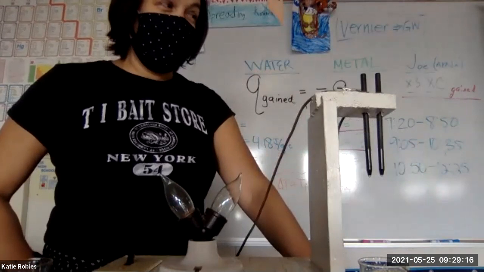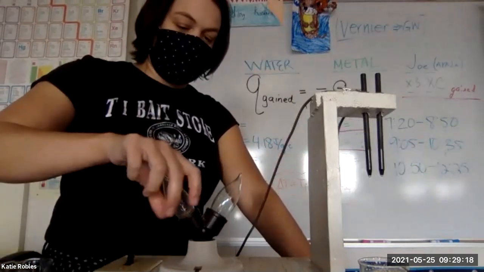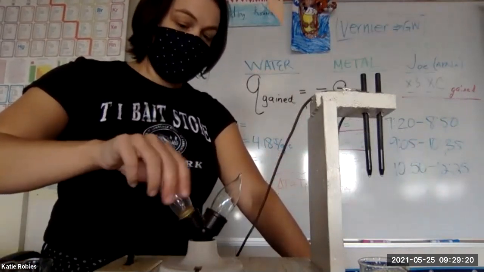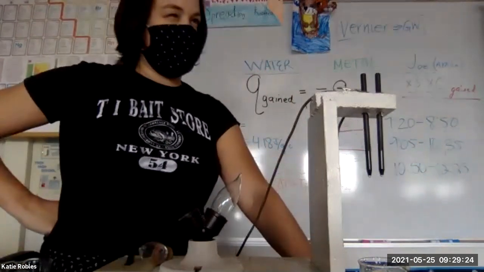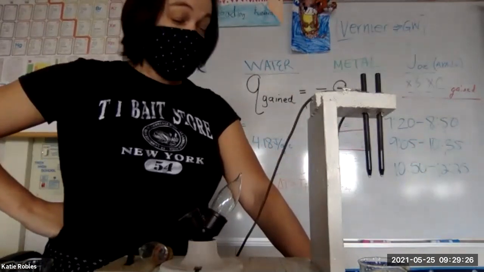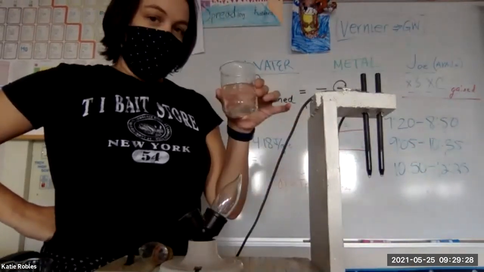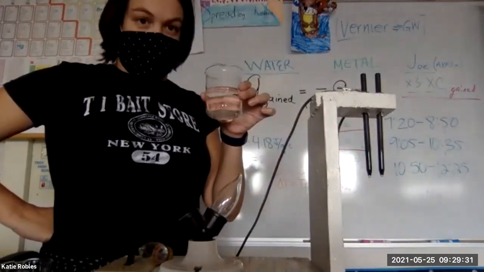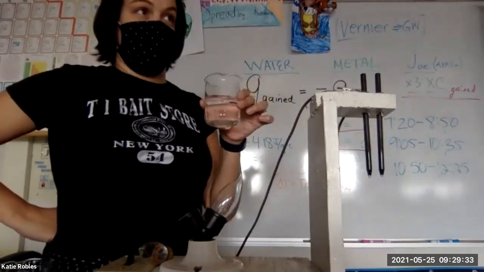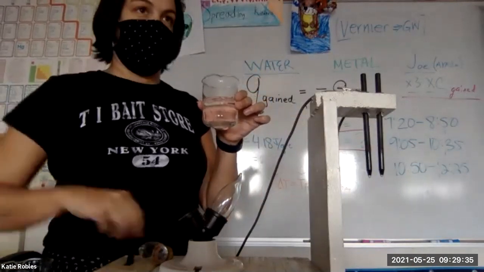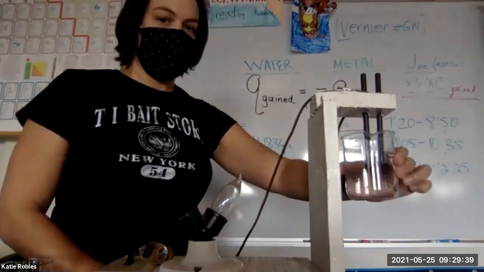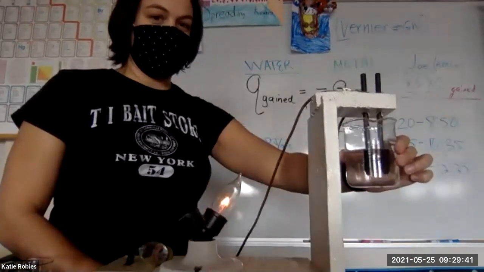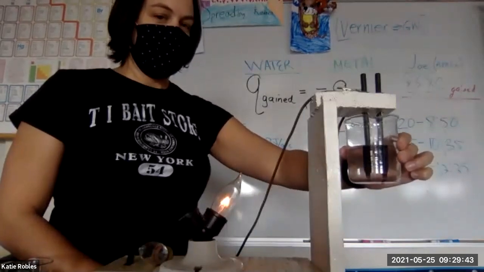Now, if I lower the resistance by unscrewing one of these light bulbs, all I've done is just made it way easier to light the light bulb. Since this is tap water, this does have some stuff dissolved in it, especially here at Troy High, people say the water's dirty, fine. Can you see it just a little tiny, tiny bit?